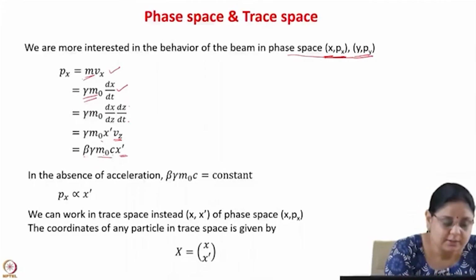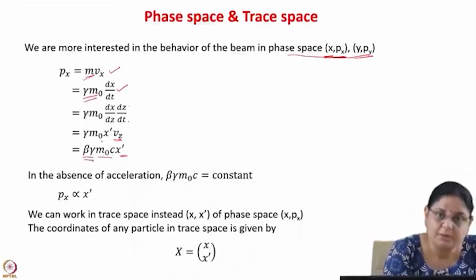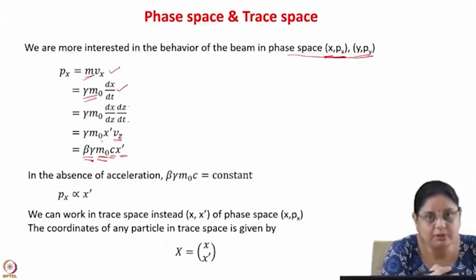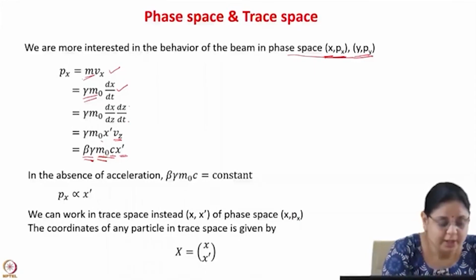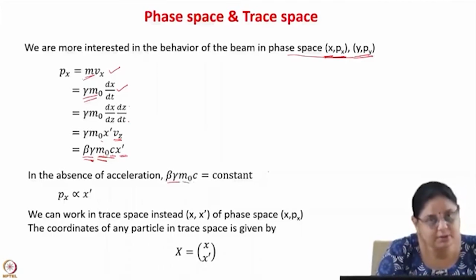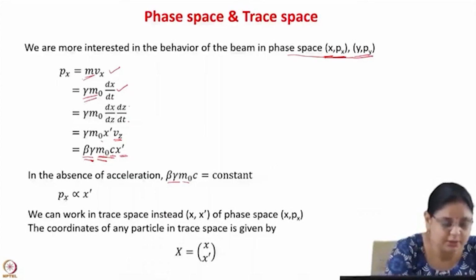In that case, beta gamma is constant. Mass is the rest mass of the charged particle and c is the velocity of light. Again, these are constant for a given charged particle. So, in the absence of any acceleration, beta gamma m0 c is constant for a given charged particle.